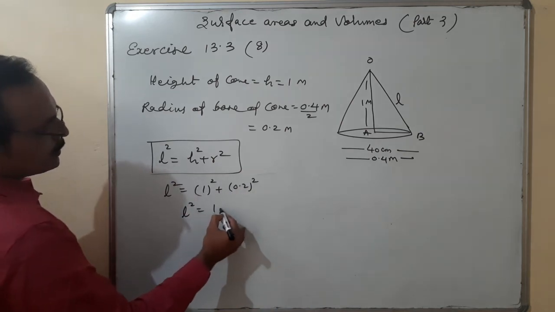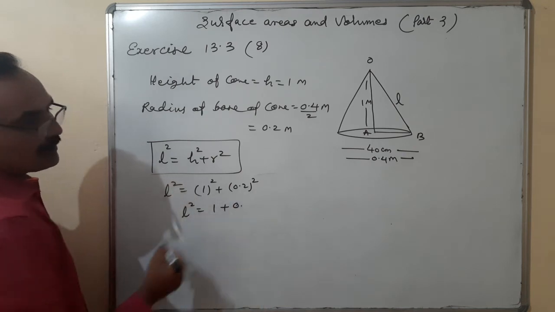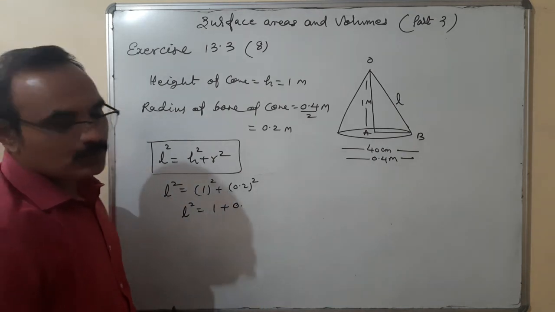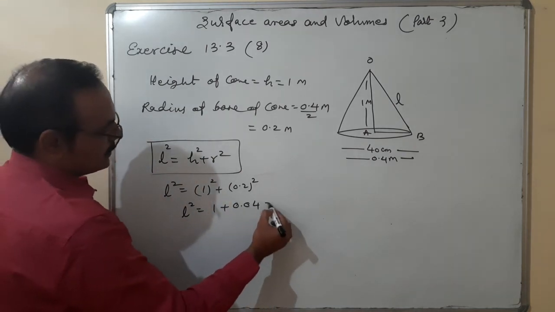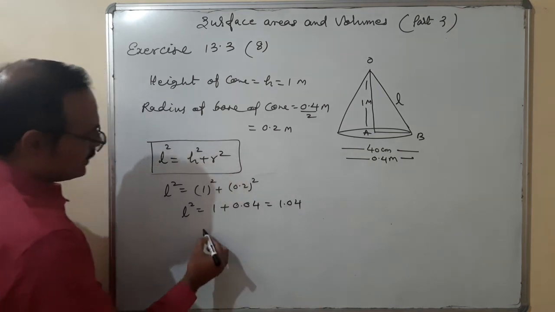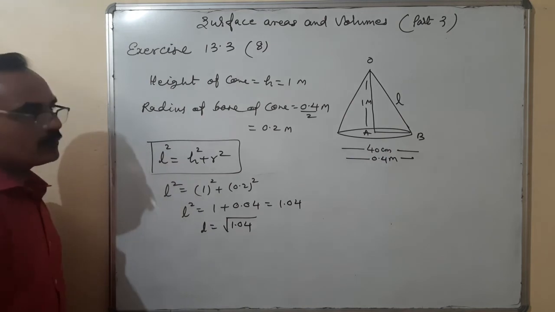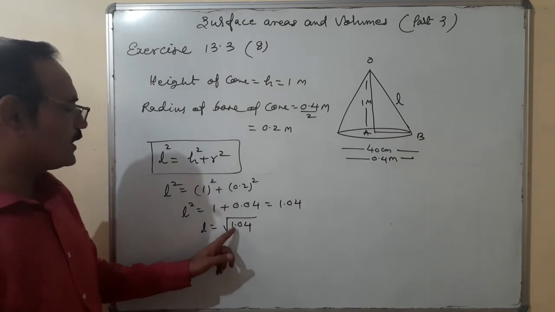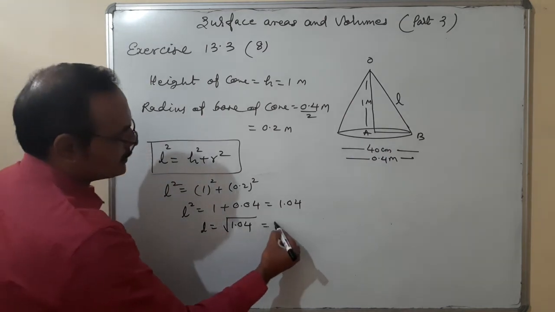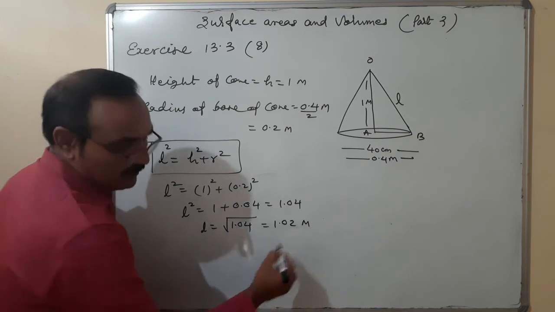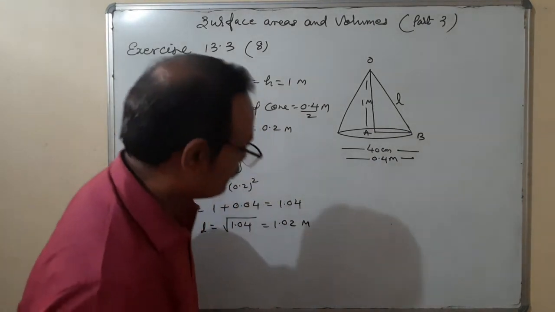So L square is equal to 1 plus 0.2 multiplied by 0.2, 0.04. So it is 1.04. Therefore, L is equal to under root 1.04. And in the book, clearly it is mentioned that under root 1.04 is equal to 1.02. It is given that L is 1.02 meter.